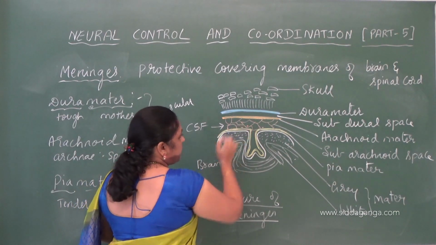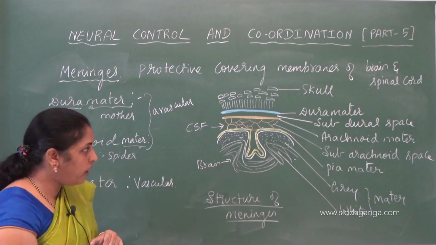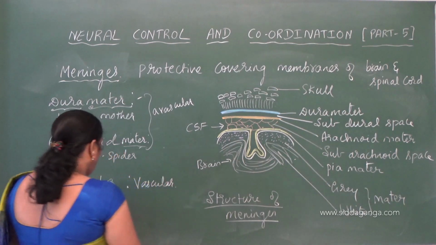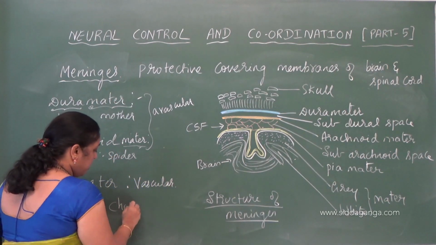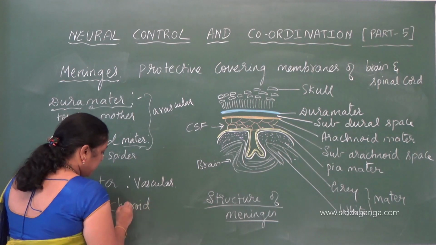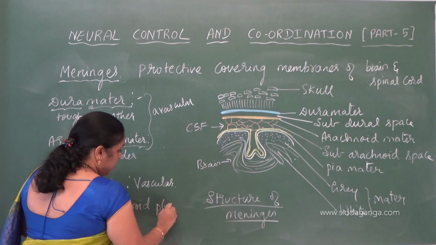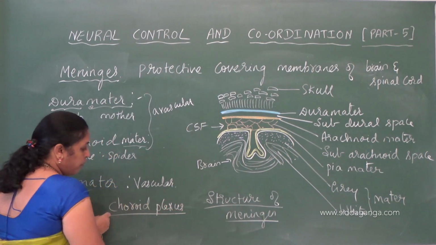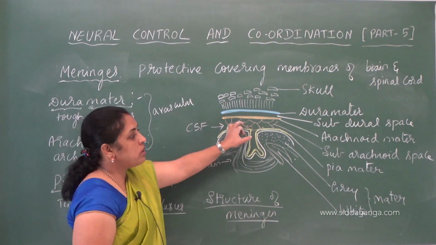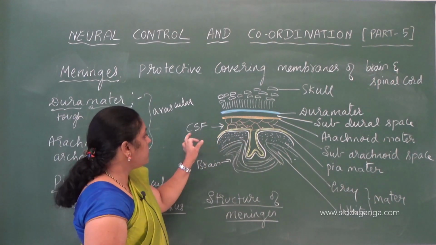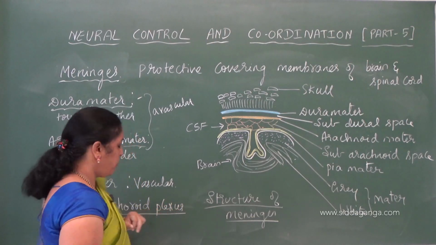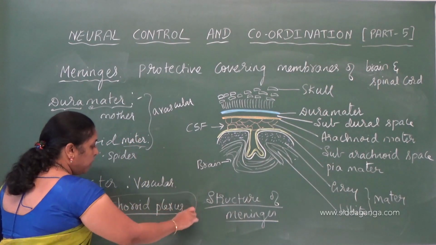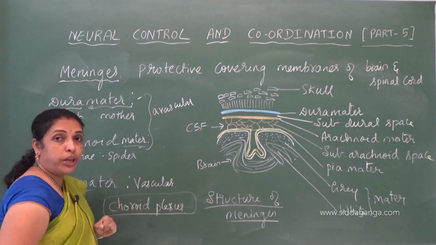Cerebrospinal fluid is present in the subarachnoid space, produced by the choroid plexus, a collection of capillaries which extend from pia mater to the subarachnoid space.